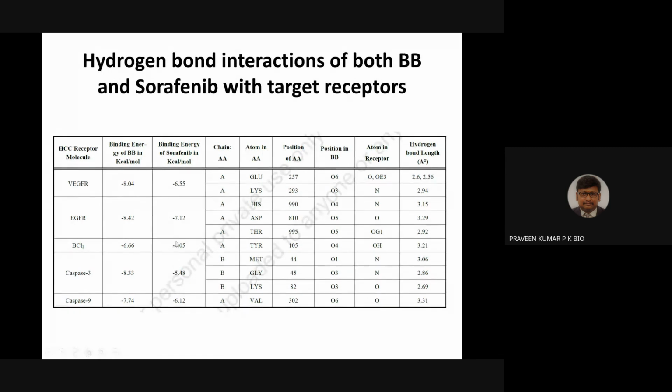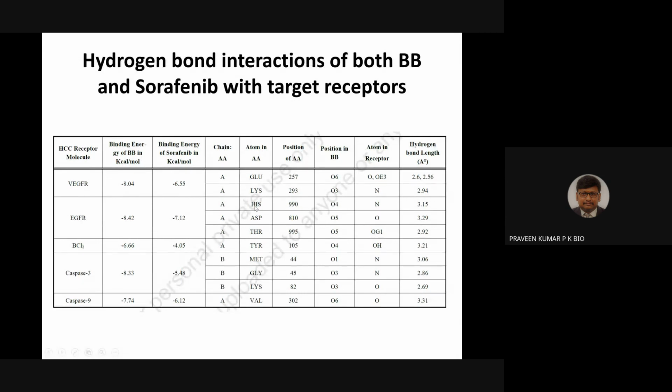You remember yesterday I mentioned, if you dock a ligand with a receptor in AutoDock, whatever energy you generate is in kilocalorie per mole units. And the significant energy should be -6 and below. So almost all the receptors I studied with Berivnon B, I got significant results, except for sorafenib, where I didn't get a significant result for BCL2 and caspase 3.